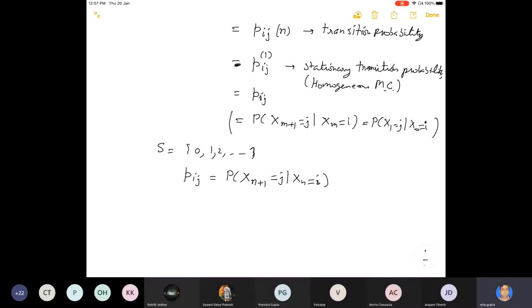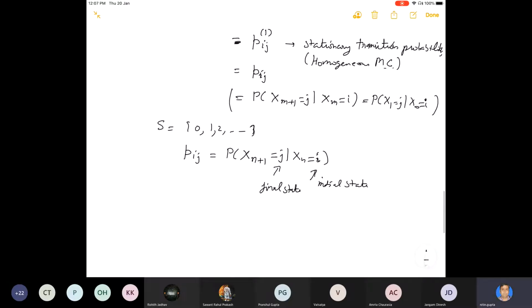That means i is the initial state and j is the final state, and n is the step.